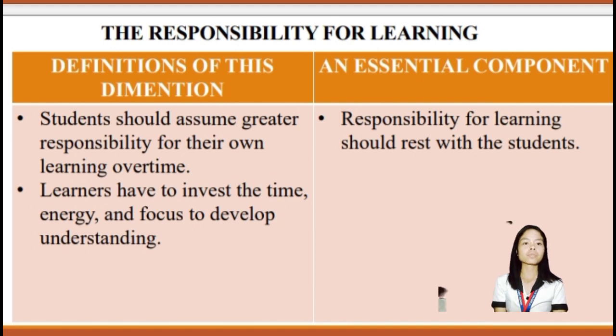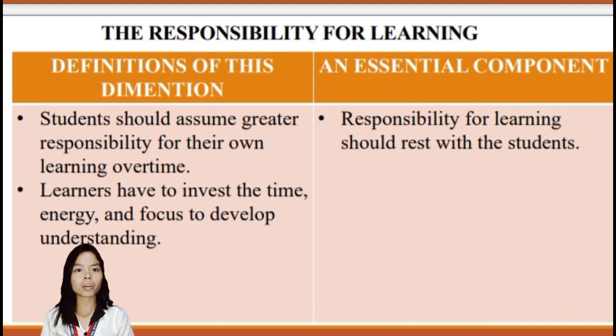It also involves taking initiative to seek out resources to help them understand the material and to ask their teachers for help if needed. Ultimately, taking responsibility for their own learning allows students to become more self-directed and independent, which can lead to better academic achievement in the long run.